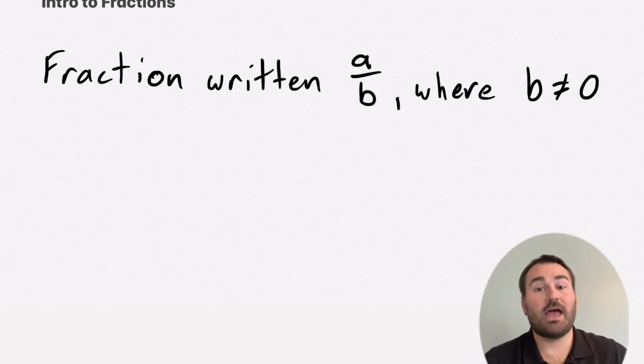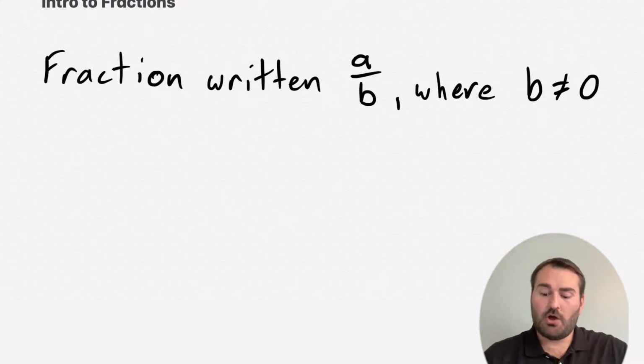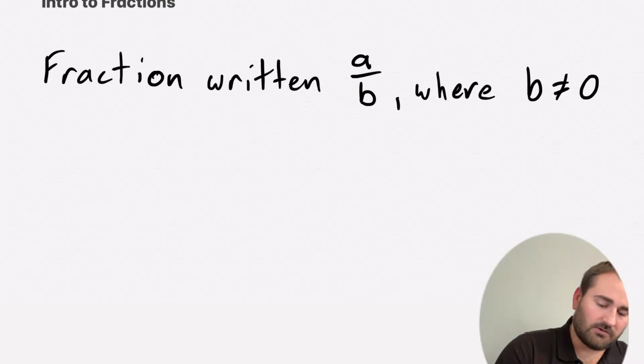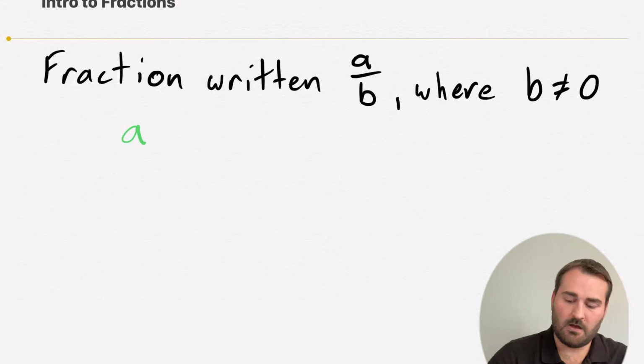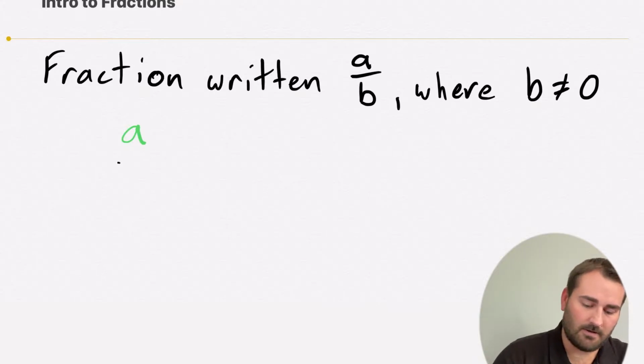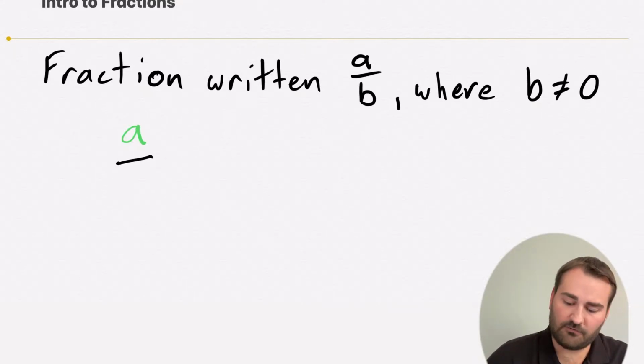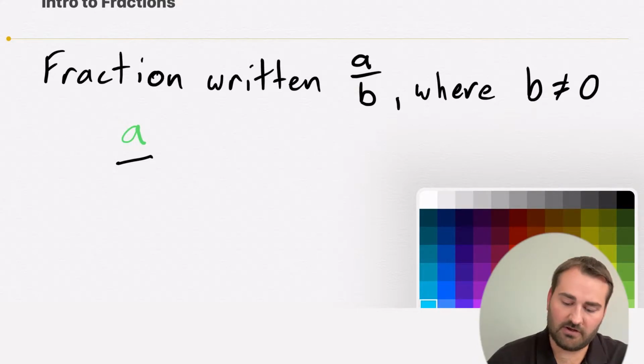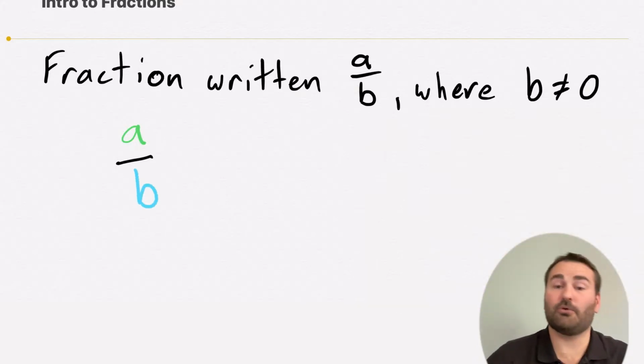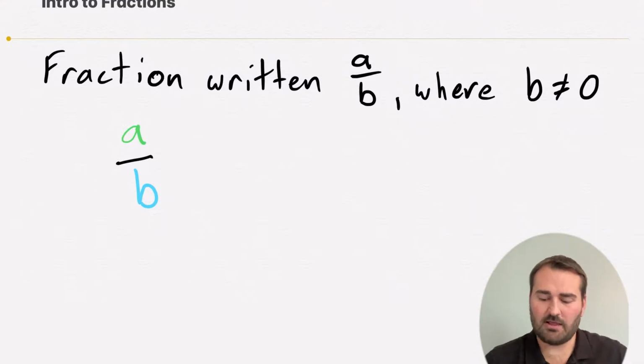A fraction is written as a over b, where b cannot equal 0. We'll get to the b not equaling 0 in just a second. First, let's talk about the a over the b. I'm going to use different colors because I want you to be able to see this out, let it play out.